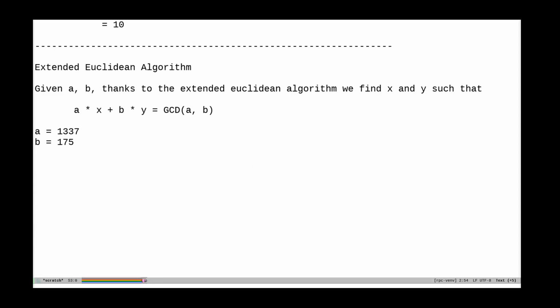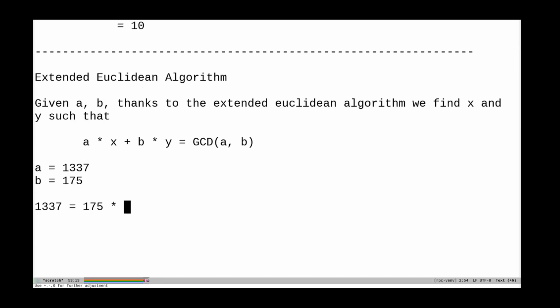First, you compute the division of A divided by B. In this case, 1237 divided by 175 is 175 times a quotient plus a remainder, and the remainder, of course, has to be less than 175.